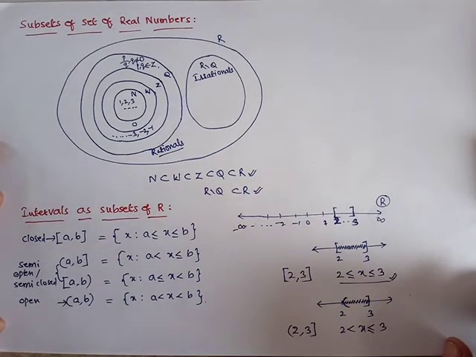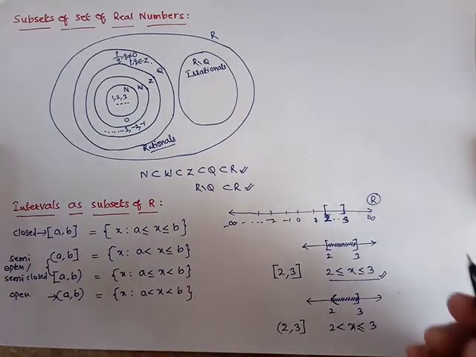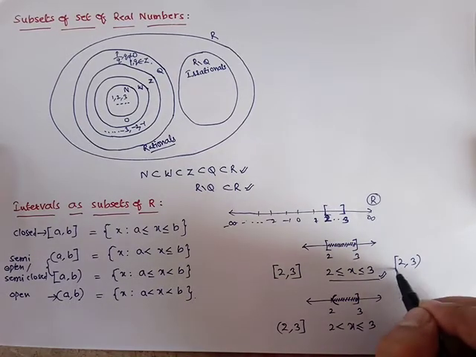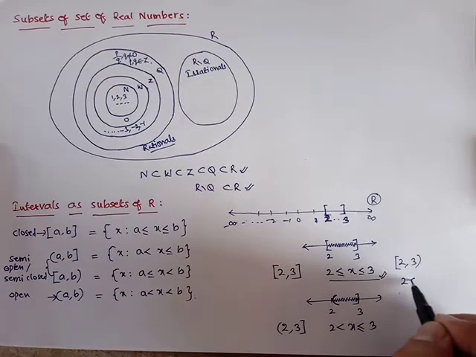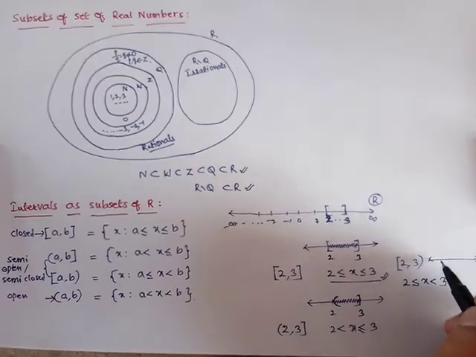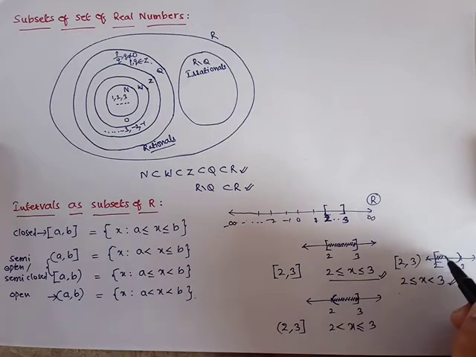So here we'll see 2 to 3, 2 is closed, 3 is open, 2 ≤ x < 3. If you wanted to draw the diagram for 2 to 3, 2 is included but 3 is not included.